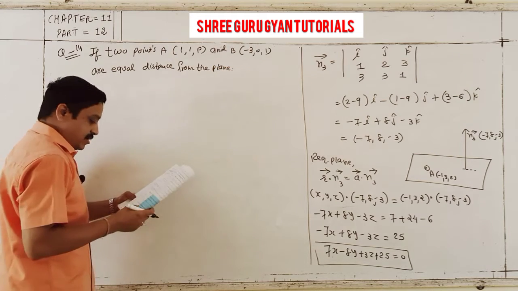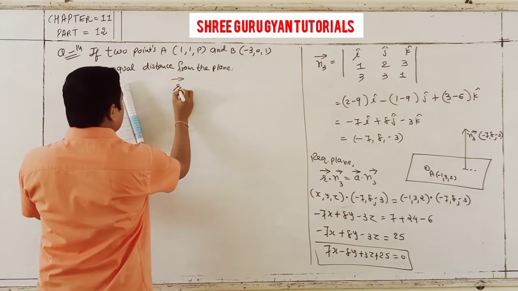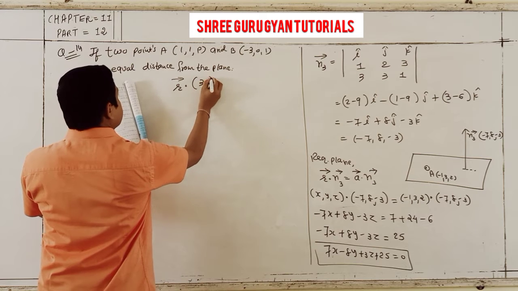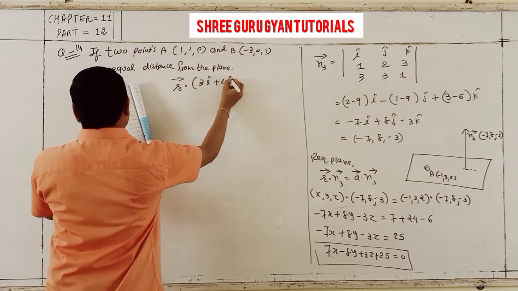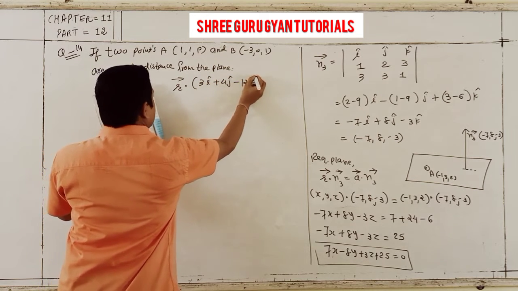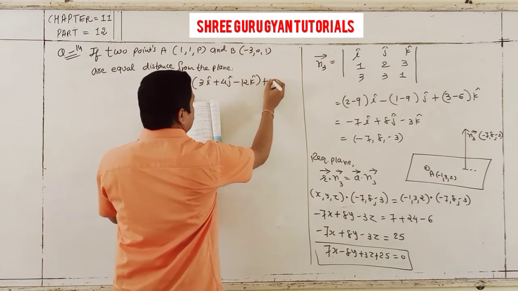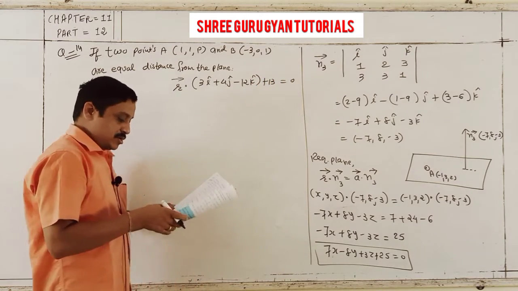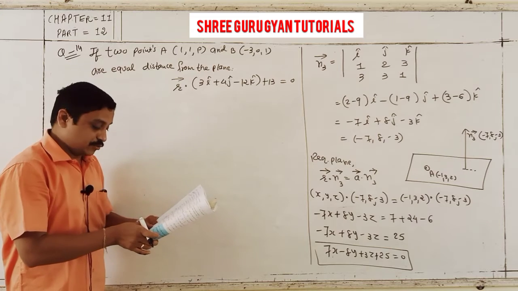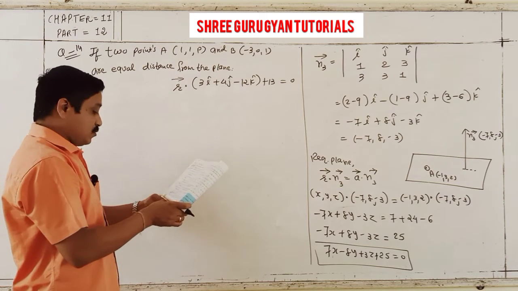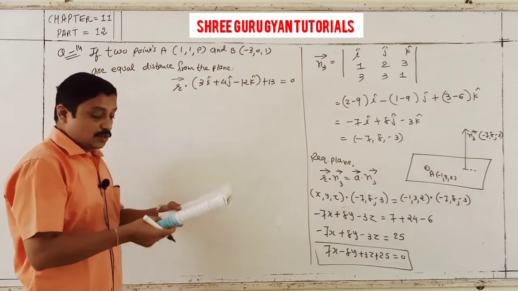Our plane is given: r dot (3i plus 4j minus 12k) plus 13 is equal to 0. Again repeat: 3i plus 4j minus 12k plus 13, and (1, 1, p) and (-3, 0, 1).